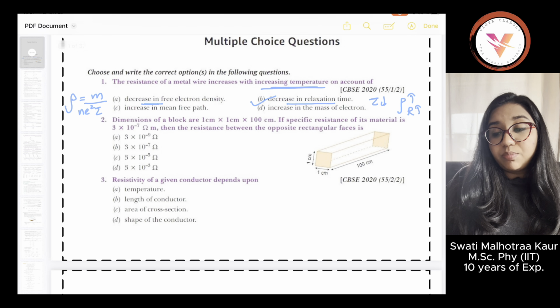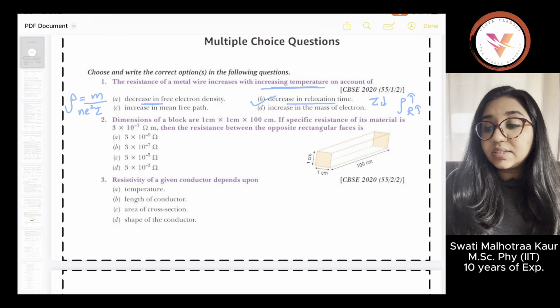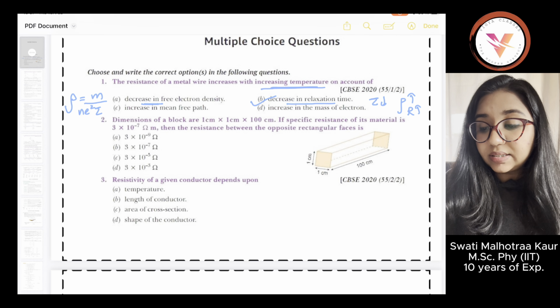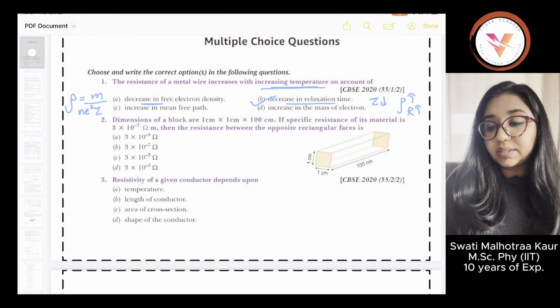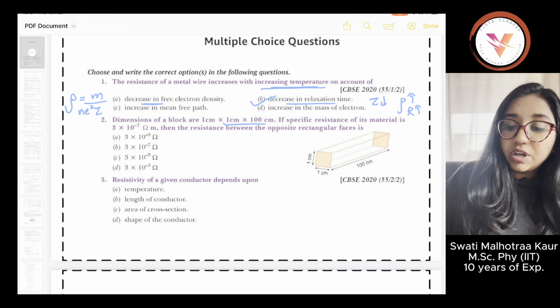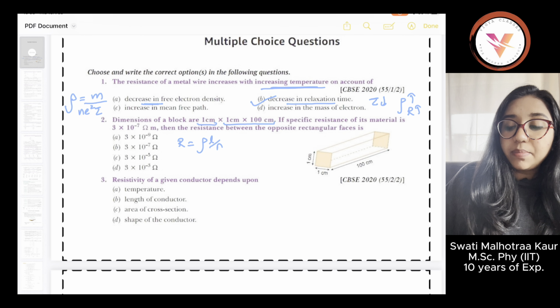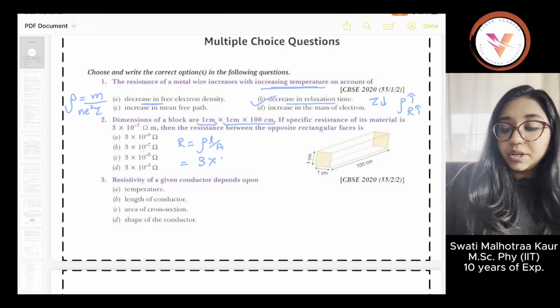The dimensions of the block are 1 centimeter, 1 centimeter, 100 centimeter. If the specific resistance of its material is this, what is the resistance between the opposite rectangular faces? For the rectangular faces, you have to take this area, then the length will become 1 centimeter. Use the simple formula of resistance, which is rho L by A. Rho here is 3 into 10 raised to the power minus 7.